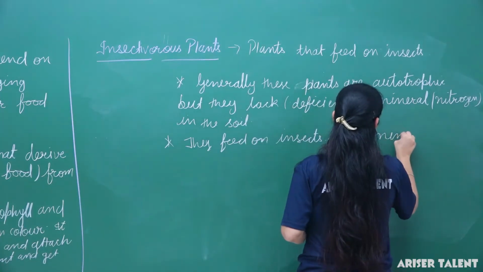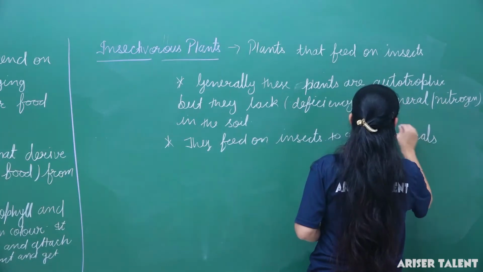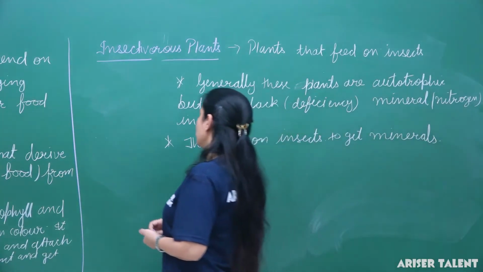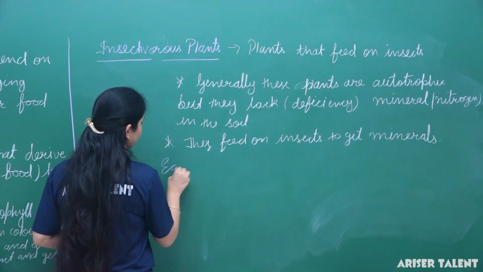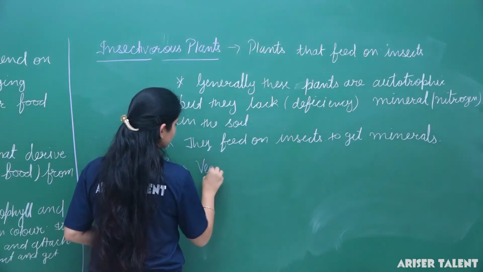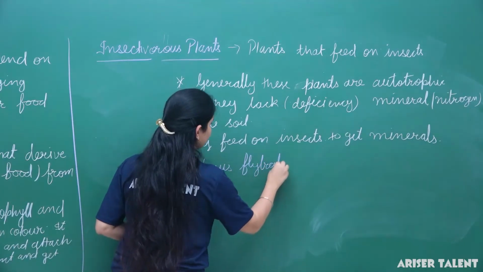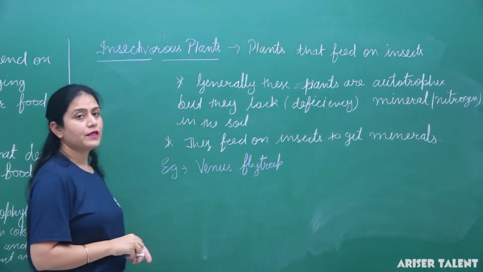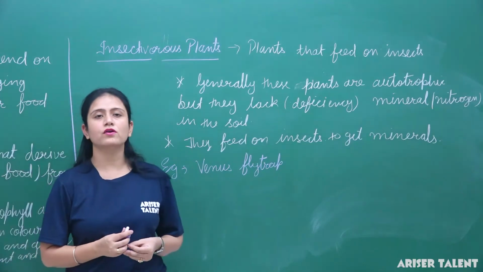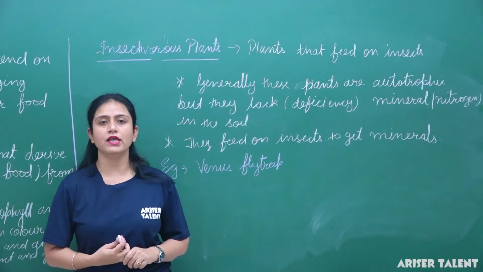The best example of insectivorous plants is the Venus flytrap. So this was all about the heterotrophs, means heterotrophic nutrition in the plant.